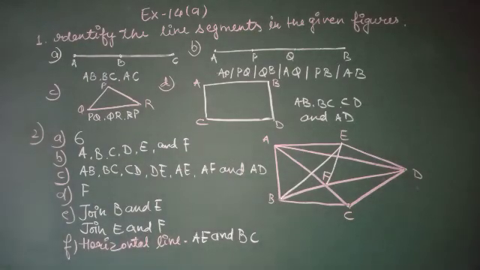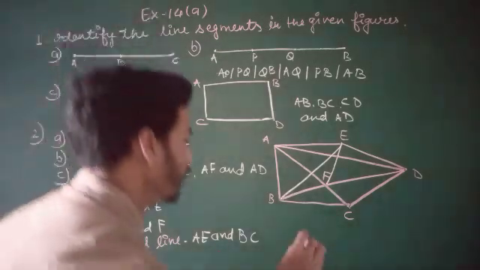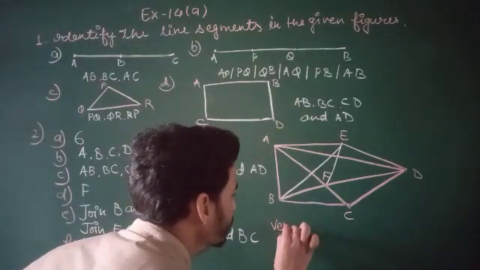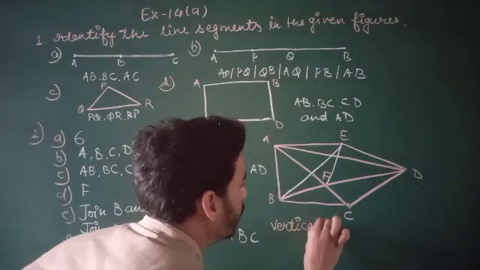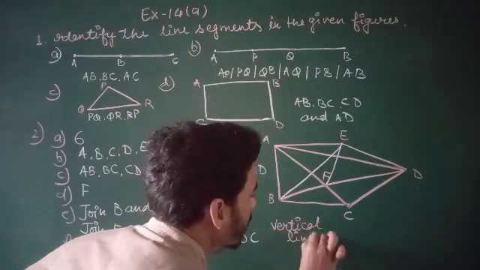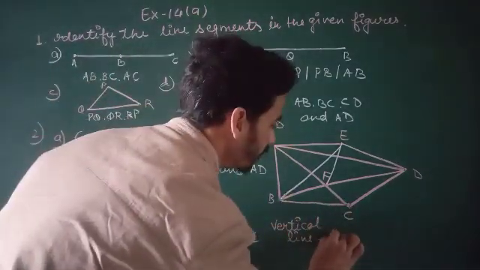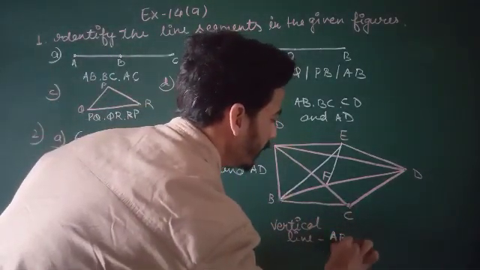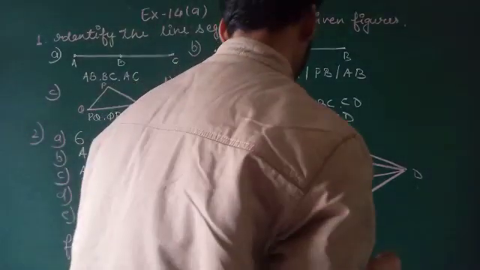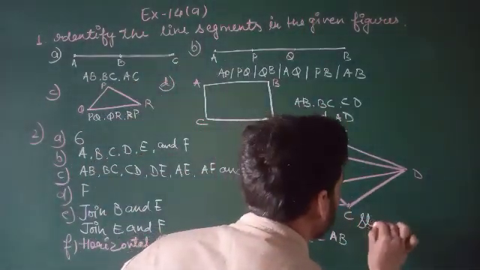The horizontal lines are AE and BC, and after that, the vertical line is AB. There is only one vertical line, and after that, the slanting lines.